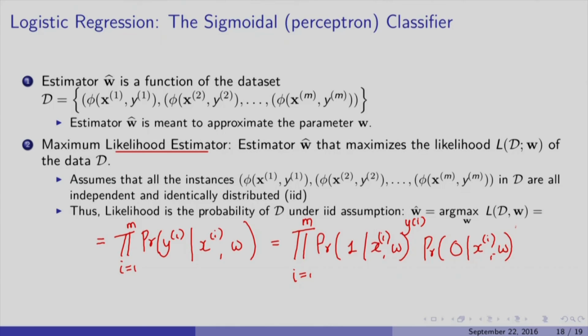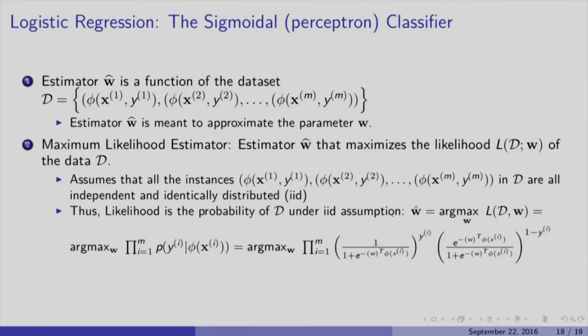This is of course mutually exclusive from the probability of 1, and therefore I am going to exponentiate this with 1 minus yi. So if 1 minus yi happens to be 1, or yi is 0, you get this term, else the other one. So expanding this, we basically get a product of these exponentiated terms.